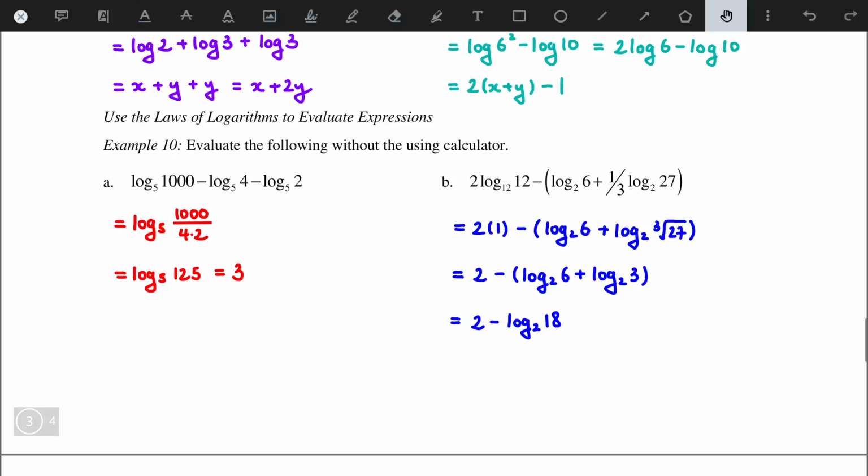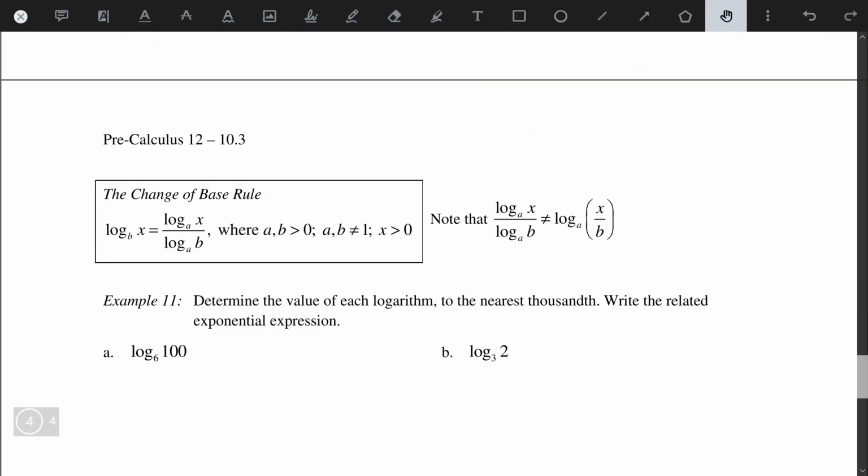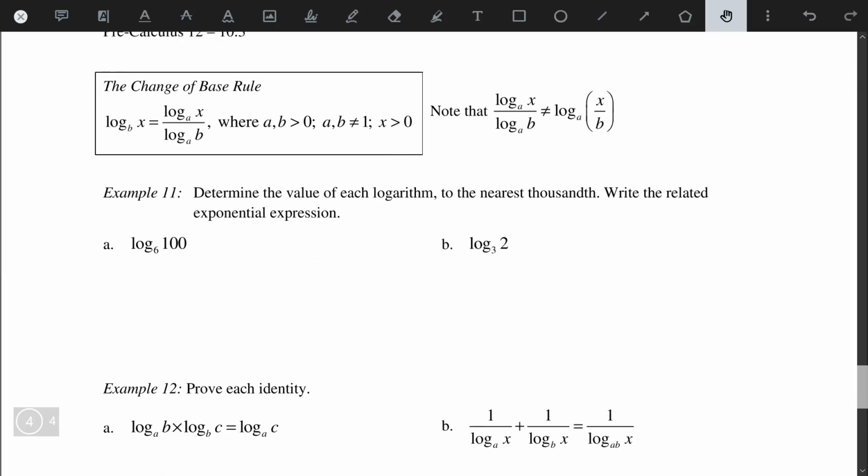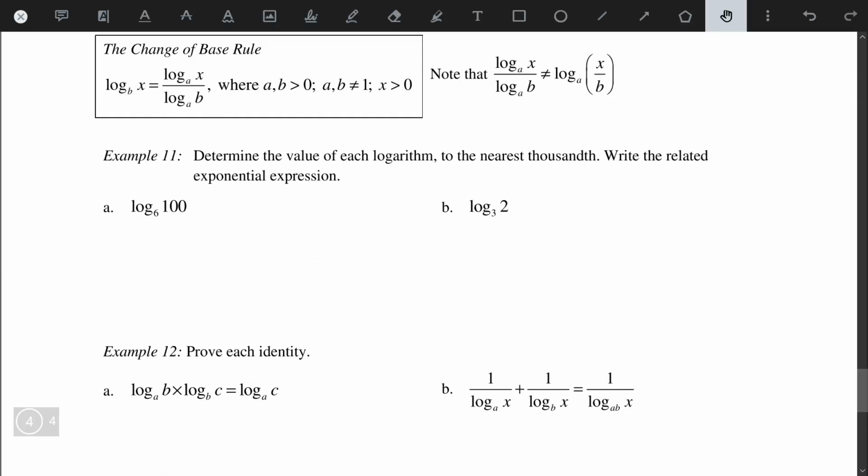Okay, so one last law of logarithm, and it's called the change of base rule. We've mentioned this before when it comes to estimating certain logarithms. For example, we saw earlier log base 2 of 18, and if we were to try to find a value for that, we probably would have done log 18 divided by log 2 using a calculator.